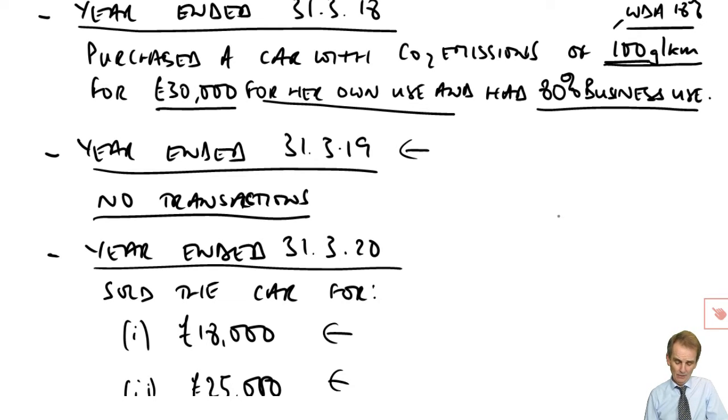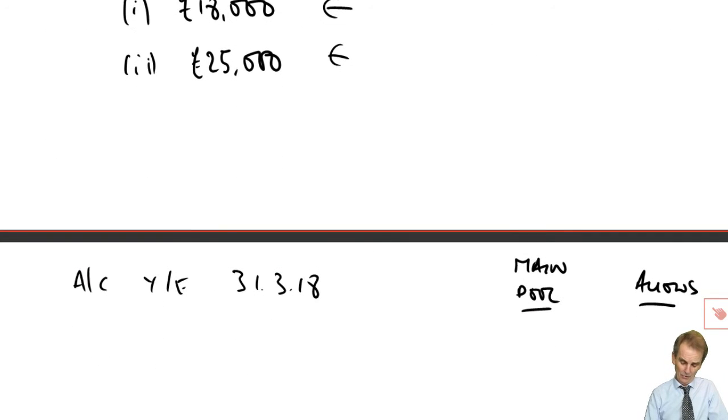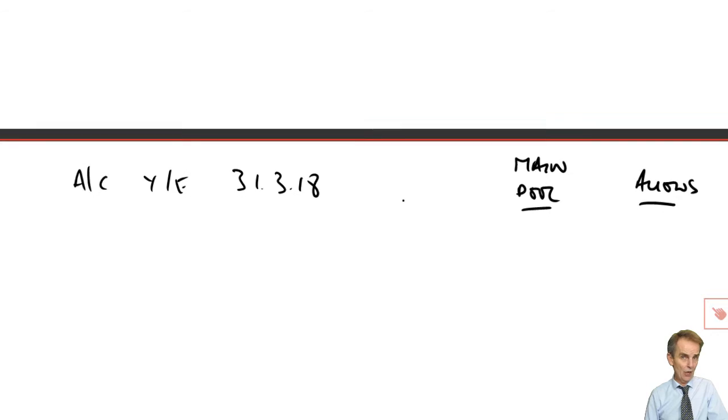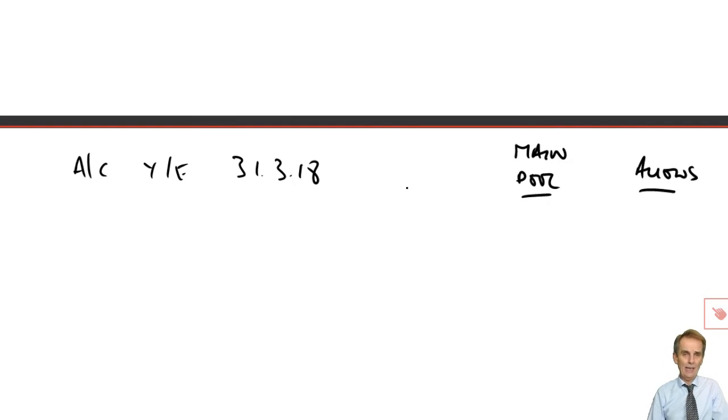It's a car with 100 grams per kilometre CO2 emissions. It's a writing down allowance, an 18% writing down allowance. So in terms of the columns, there's no requirement for that little inside working column, the AIA/FYA column there.